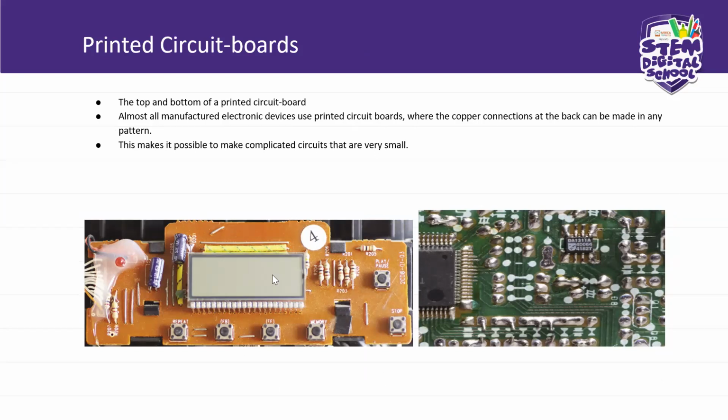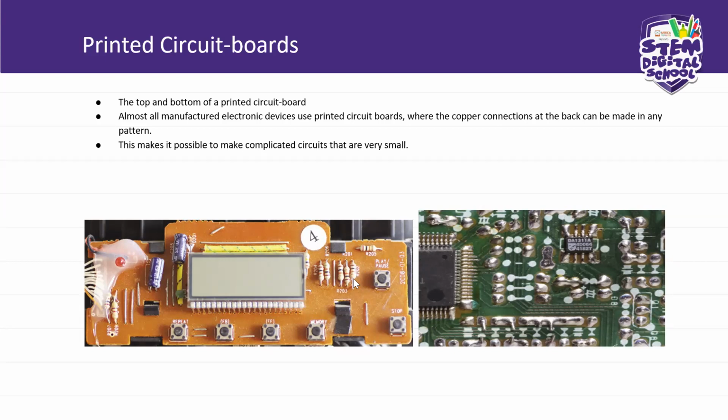On top, you have your components already connected there. The printed board actually tells you where to connect what component. See? Now, this is the bottom side. Yeah, this is what you see when you open your appliances. You can see the solder.